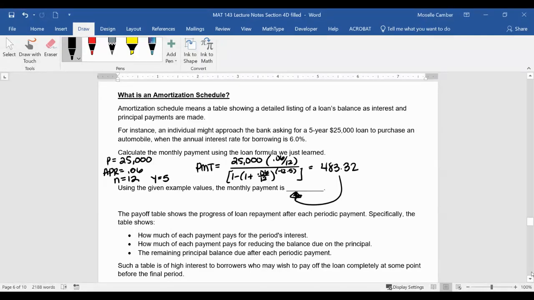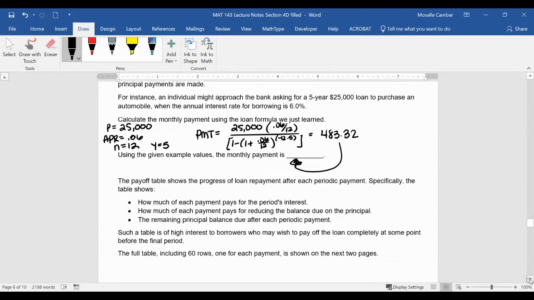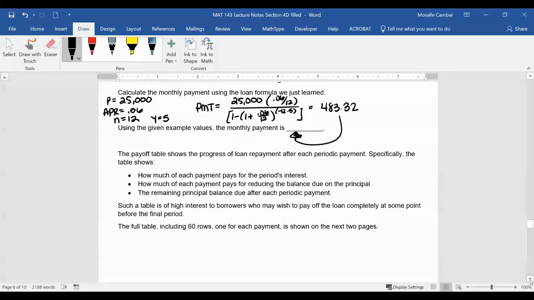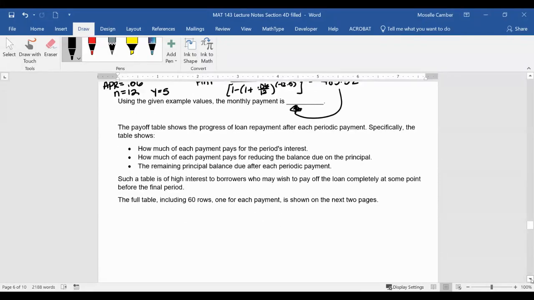So there's an example of this here in a little bit, but with the amortization table, you have a payoff table, which shows the progress of your loan payment. You know, the breakdown and how that applies to your balance. So in this case, because we're making a 5-year loan for monthly payments, we're going to have 60 rows, one for each payment.